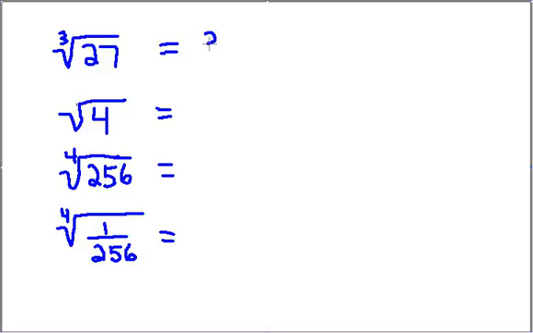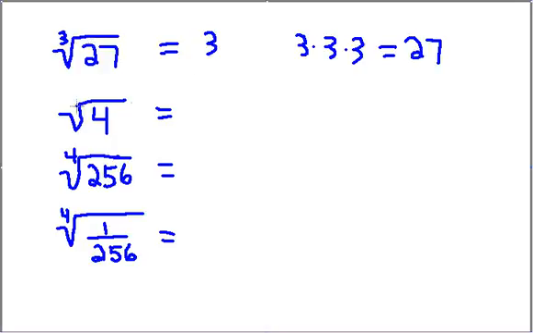It's 3. Why is it 3? Because 3 times 3 times 3, 3 is used as a factor 3 times, and that 3 matches the 3 that's in our root here. 3 times 3 times 3 equals 27, and 27 is the number that we started with inside our radical sign.